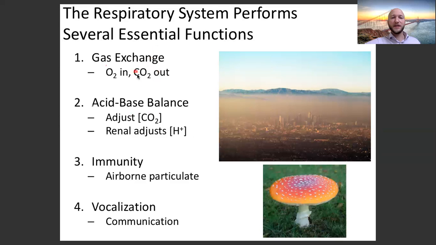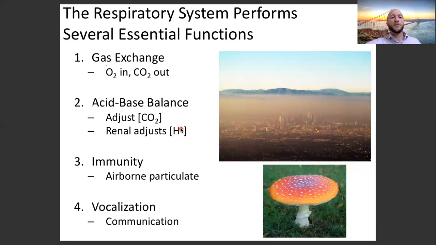So by regulating CO2 levels, it also regulates the acid-base levels, the pH levels within our bodies. The respiratory system adjusts CO2 concentrations. The renal system, which we've covered, adjusts hydrogen ion concentration. So they work together to maintain proper acid-base balance, along with other systems, the buffers in our blood, to help maintain proper pH.